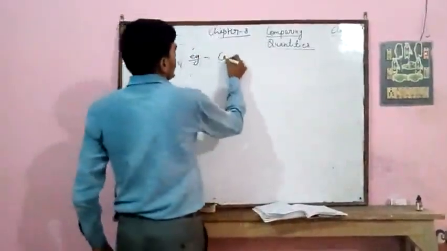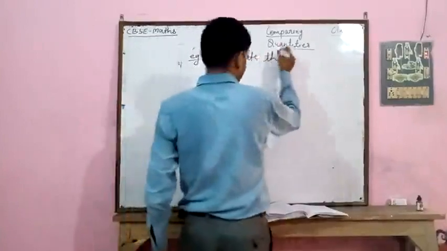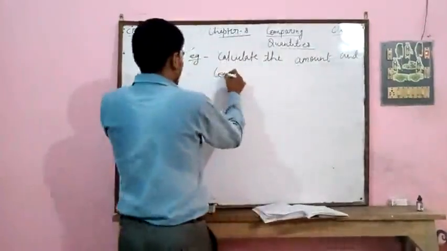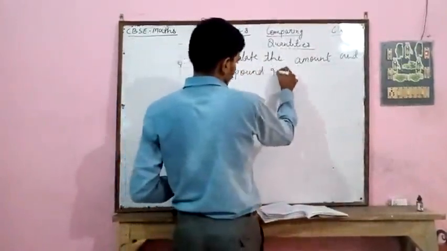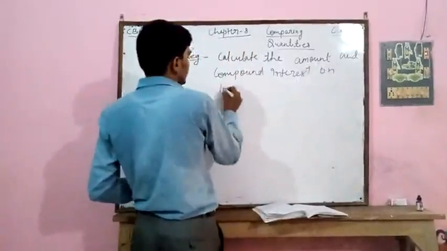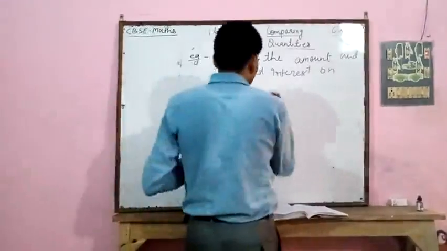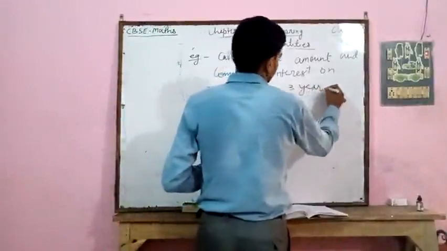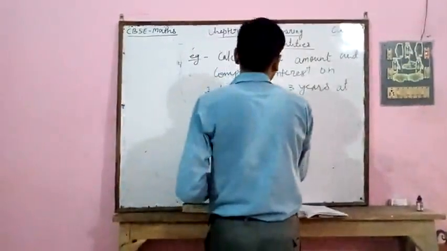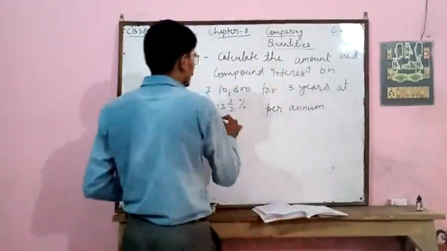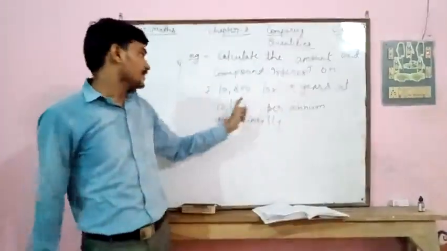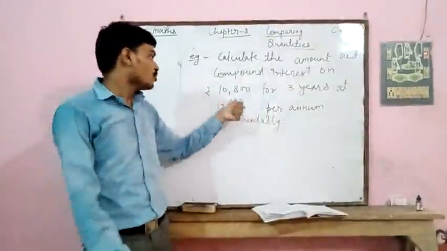Calculate the amount and compound interest on 10,800 rupees for 3 years at 12 and a half percent per annum, compounded annually.